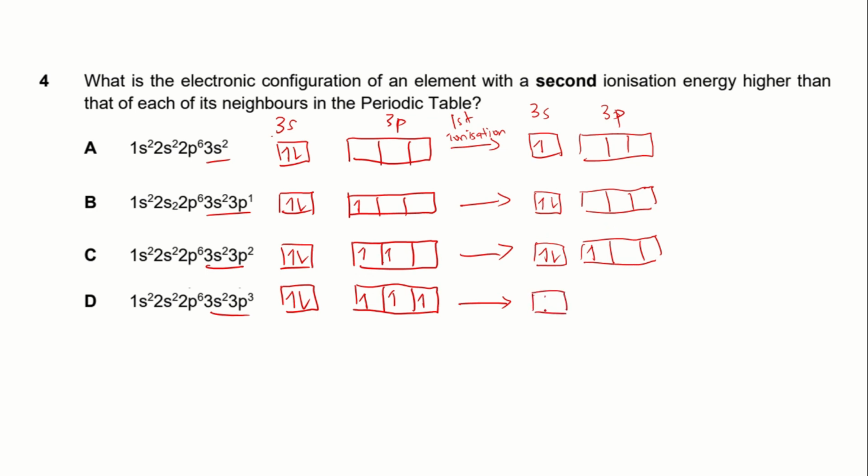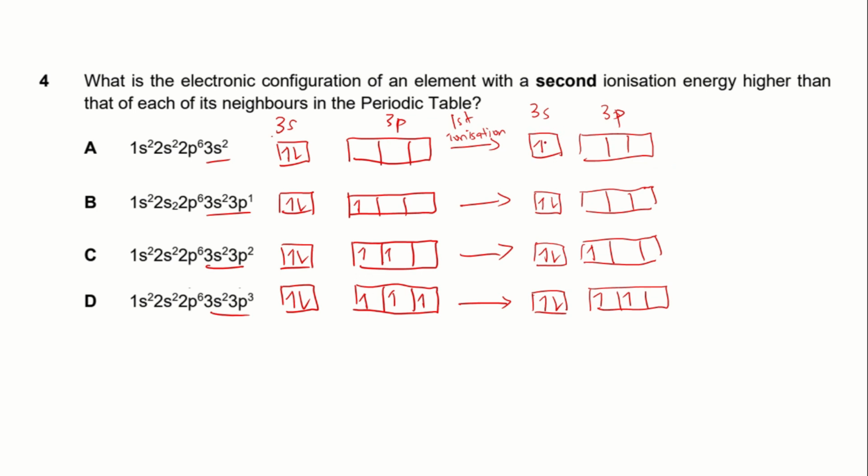And for D, we are going to remove 1 electron from the 3p subshell, so there are 2 more electrons in the 3p subshell.